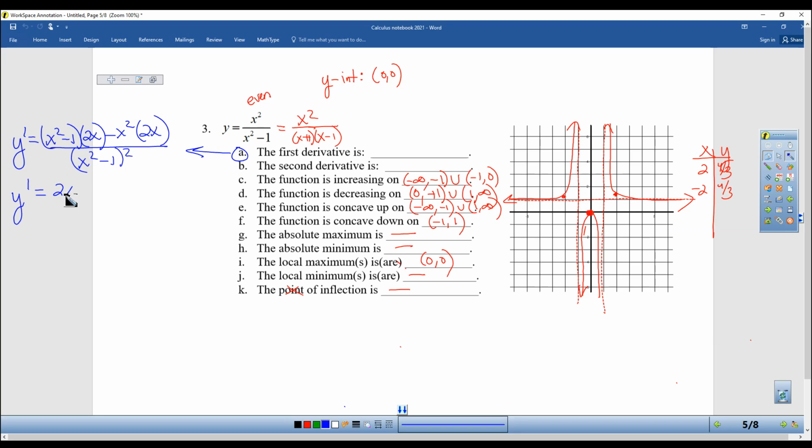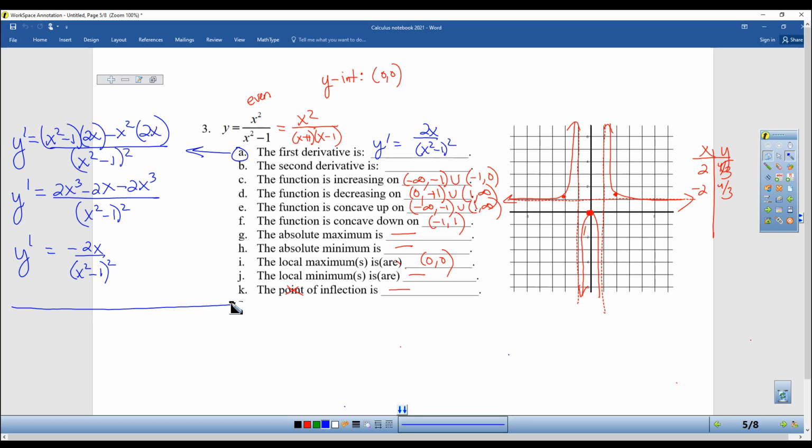That gives me 2x cubed minus 2x minus 2x cubed over (x squared minus 1) squared, which is negative 2x over (x squared minus 1) squared. So y prime is equal to negative 2x over (x squared minus 1) squared.